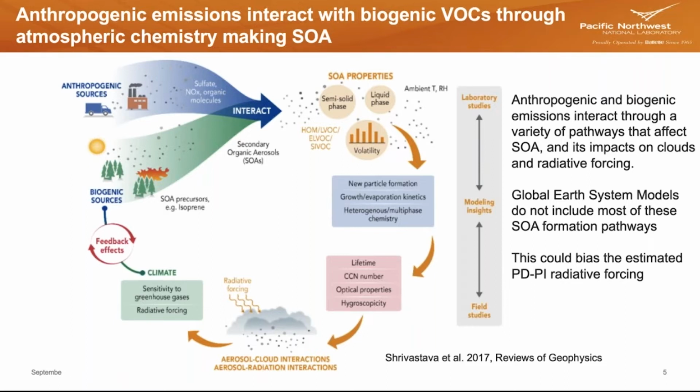And so there is a continuous need to take these measurements and include SOA processes in the models, especially related to anthropogenic-biogenic interactions, because not just regional models, but a lot of the global Earth system models do not include these processes, and this could bias their estimates of radiative forcing between present day and pre-industrial.